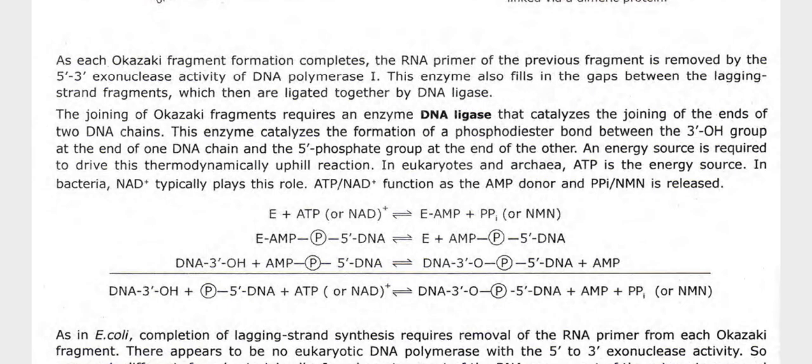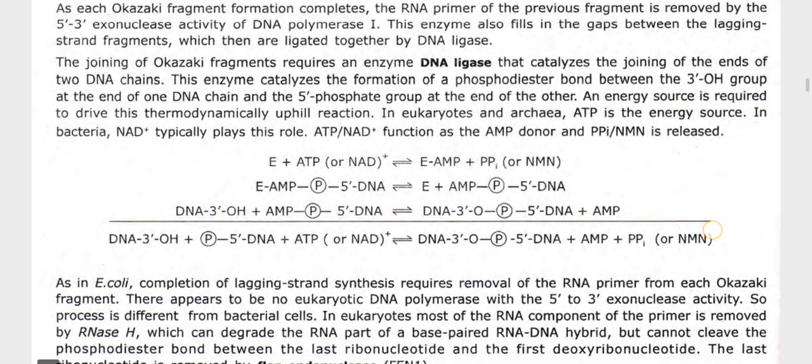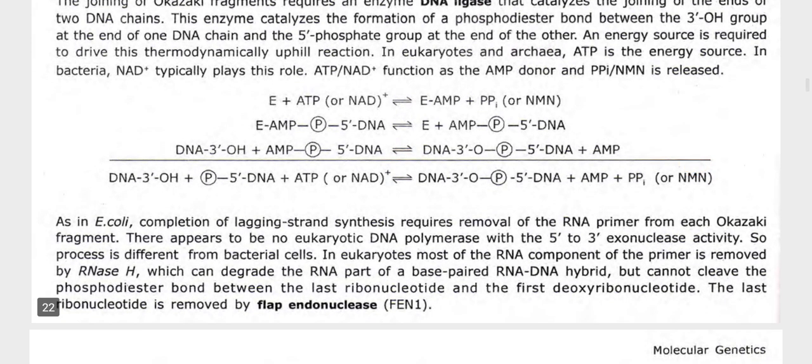ATP or NAD+ functions as the AMP donor, and PPi or NMN is released. E plus ATP or NAD+ gives E-AMP plus PPi or NMN.